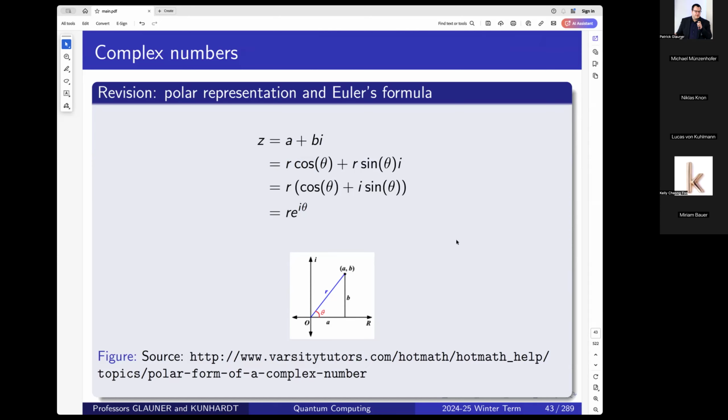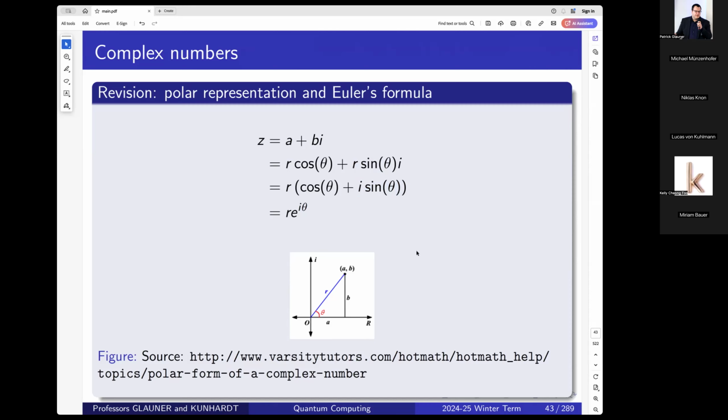So just trigonometric functions. And this is the b. And obviously it's a plus b times i. So don't forget the i here. And you can just move the r out. So you can say r times this sum, cosine of theta plus, and we move the i to the front in this product, i times sine of theta.